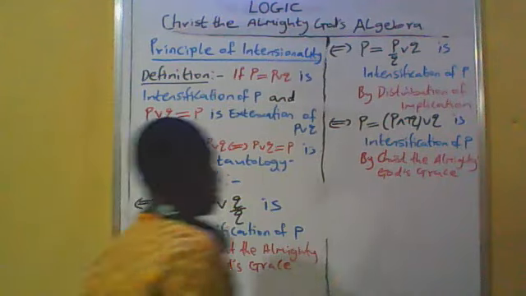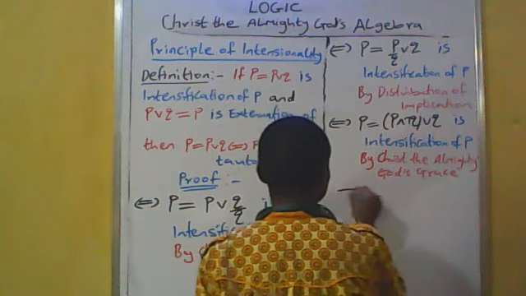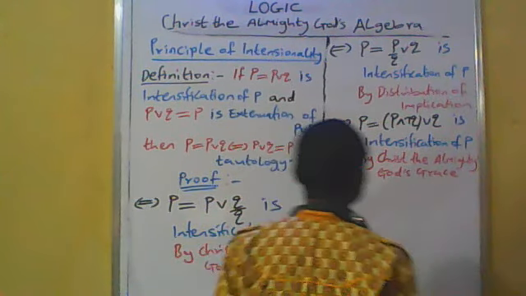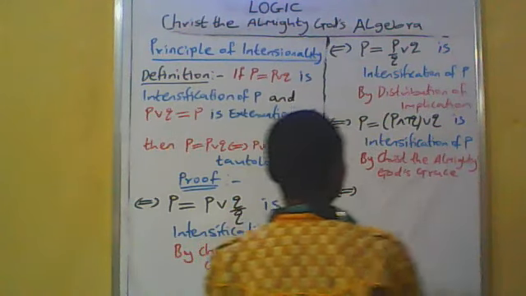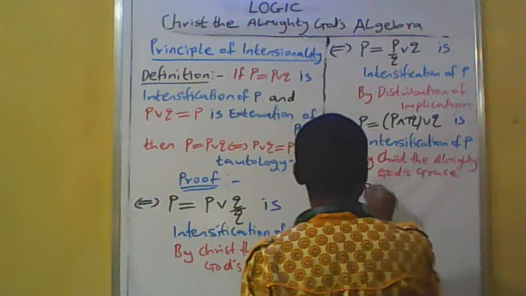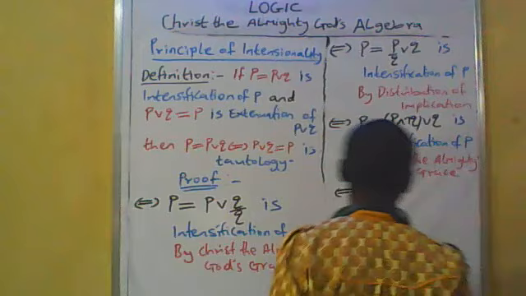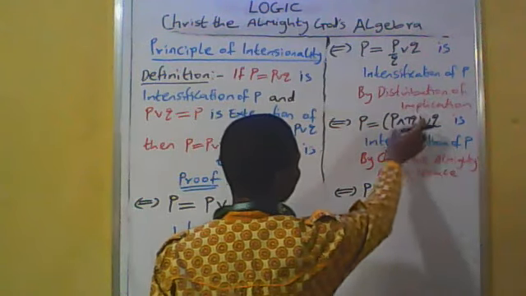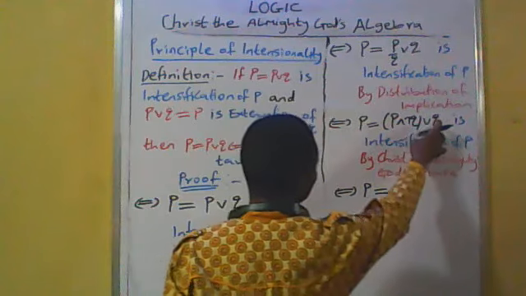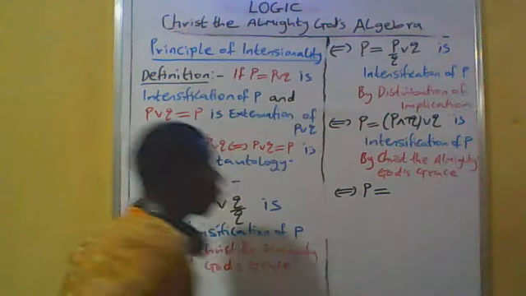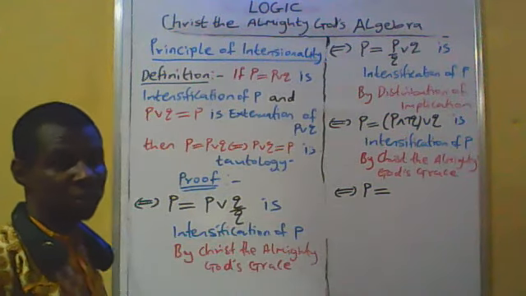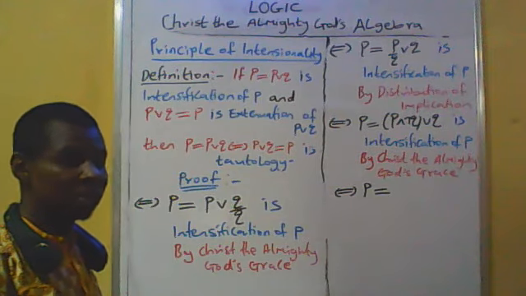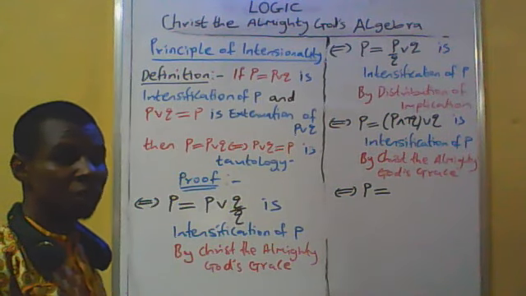If and only if P is equal to, you see that this P and not Q, all in brackets or Q, is equal to P or Q by second edge case law.